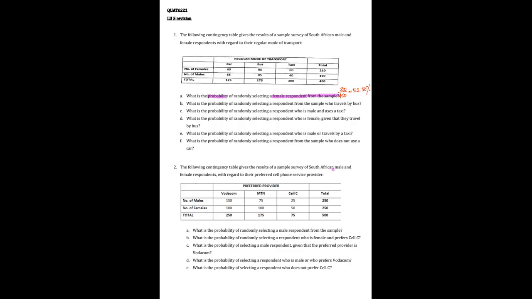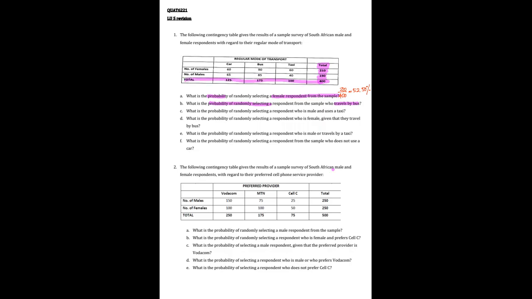Then question two says, what is the probability of randomly selecting a respondent from the sample who travels by bus? Again, all they're saying is that the person travels by bus. They haven't specified the gender of the person, so that immediately says we're only looking at one variable, the number of people that travel by bus. So you're again going to work with a value from the total columns or the total rows.